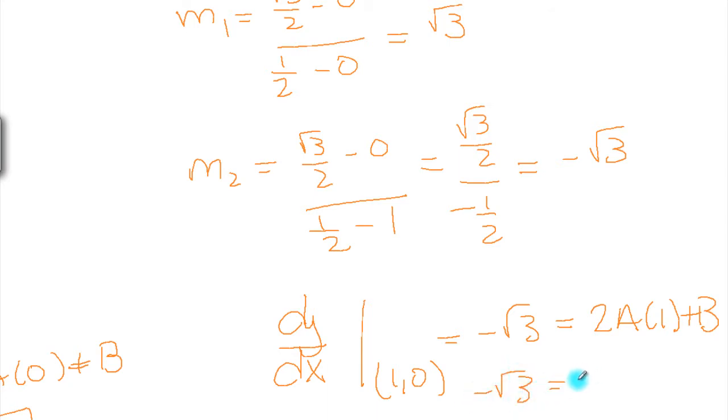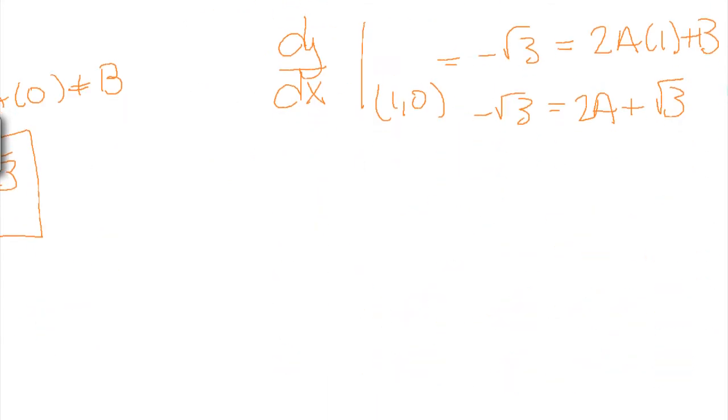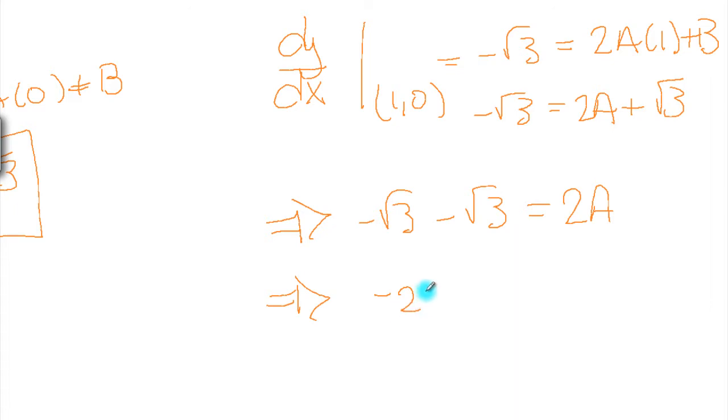But we know the value of b already, which is square root of 3. So this implies minus square root of 3 minus square root of 3 equals 2a, which is minus 2 square root of 3 equals 2a. Now we divide by 2, and we have that a is equal to minus square root of 3.